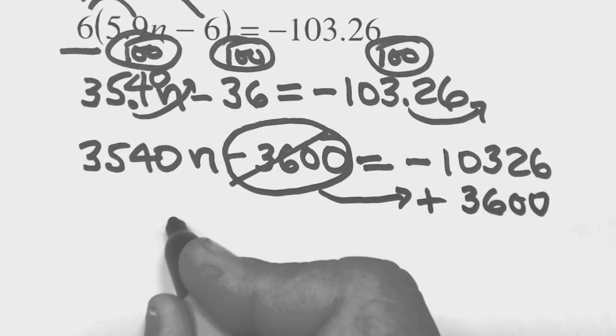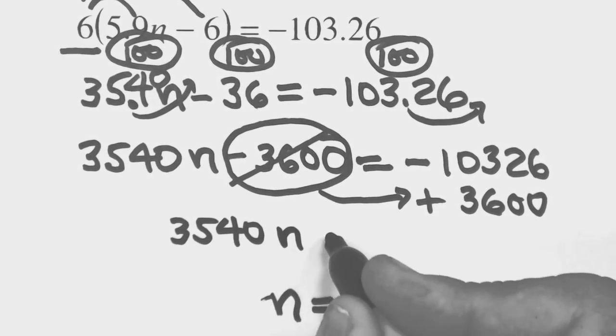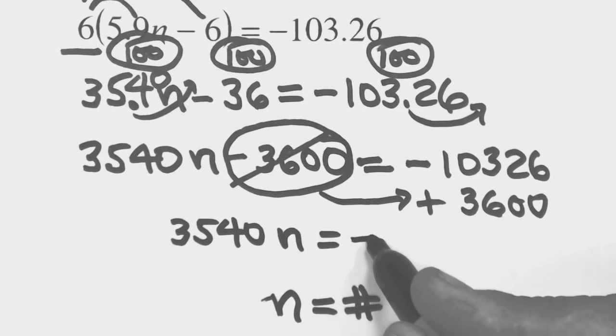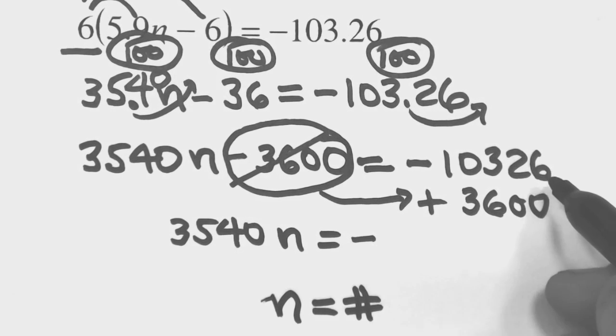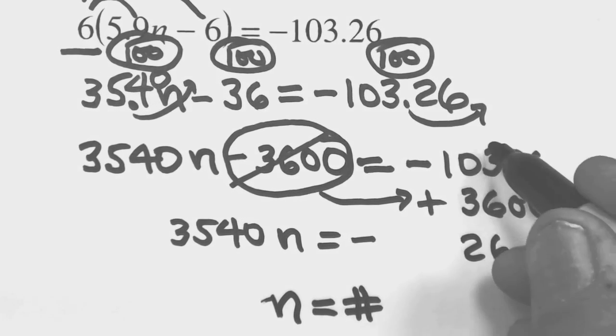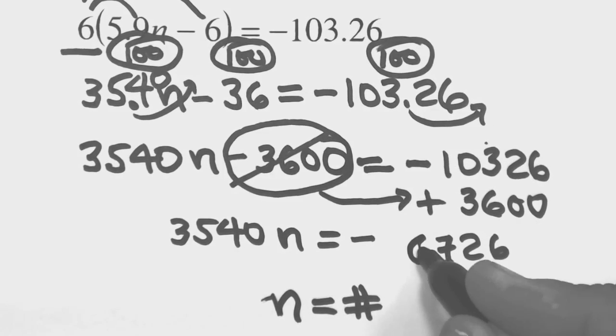Well, on the left side, 3540 times n equals, now over here, negative's definitely going to win. And let's see, what's the difference going to be here? Well, we're going to have 26 on the end. 13 minus 6 is 7, and 9 minus 3 is 6.